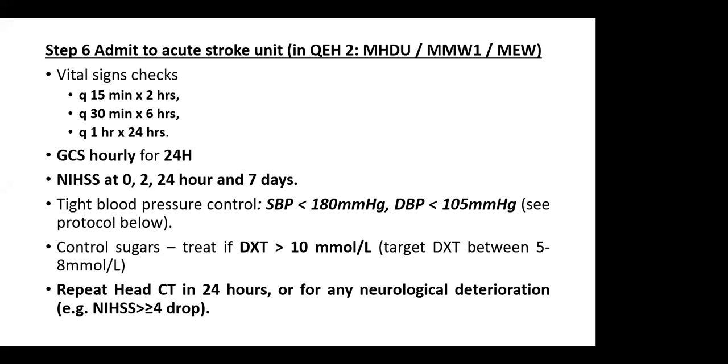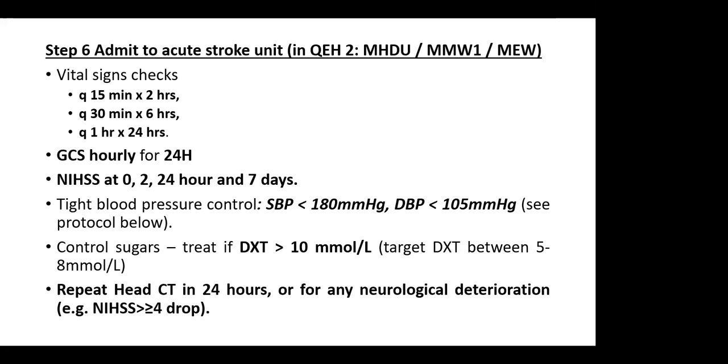The NIHSS scoring at point of thrombolysis, at the 2nd hour, 24 hours, and also after 7 days. Tight blood pressure control is very much needed to prevent hemorrhage in these patients. We aim for a systolic blood pressure of lesser than 180 or diastolic blood pressure of lesser than 105. And sugars should be between 5 to 8.